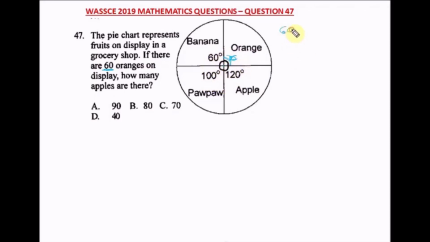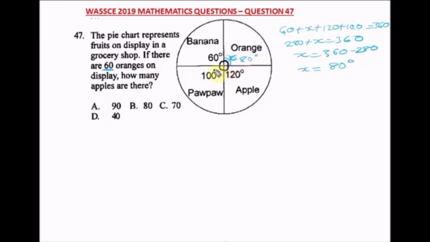So we have 60 plus X plus 120 plus 100 is equal to 360. So this plus this plus this gives us 280 plus X equal to 360. So X will be equal to 360 minus 280. And what would that give us? That will give us 80. X is 80 degrees. So this is 80 degrees.